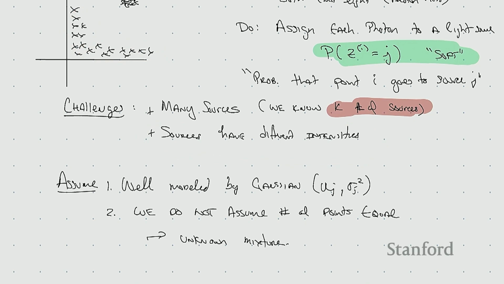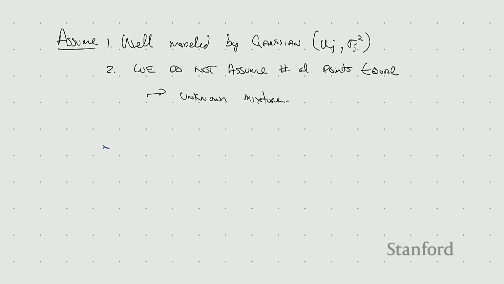Please. The assumption 2 is about, we do not assume the number of points is equal. So for example, let's imagine that we had a situation like, let me just draw it. So let's say that we had 3 points here, and then I'm not going to draw them all, but like 1,000 points here. So there are 3 points here and 1,000 points here, right?